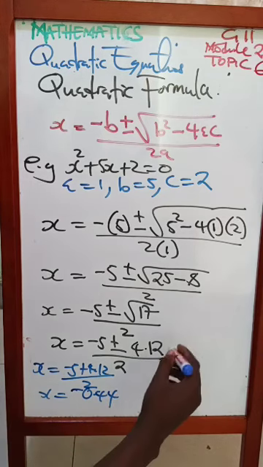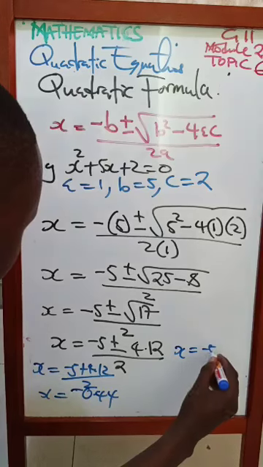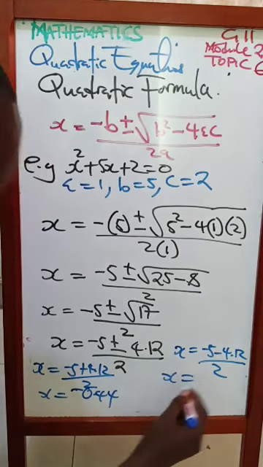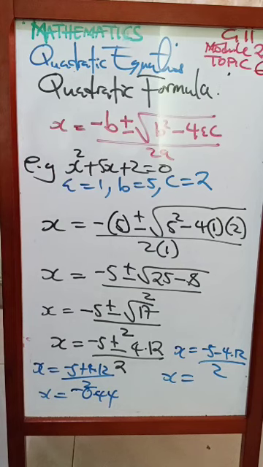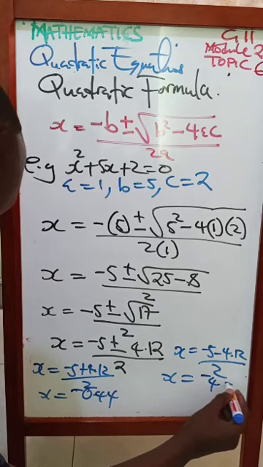of x. Then the other one is going to be x is equal to negative 5 minus 4.12, everything divided by 2. So negative 5 minus 4.12 divided by 2, you are going to get negative 4.56.